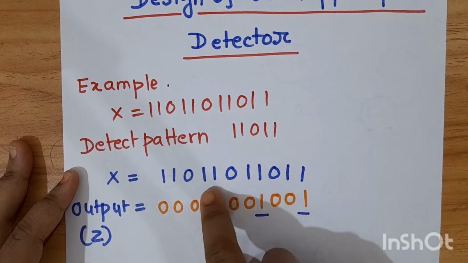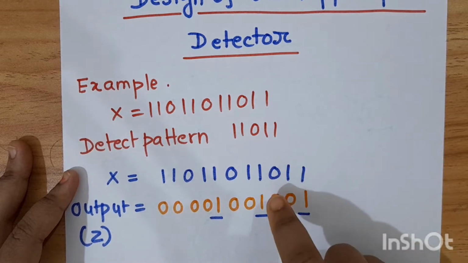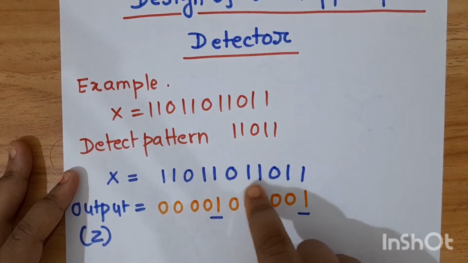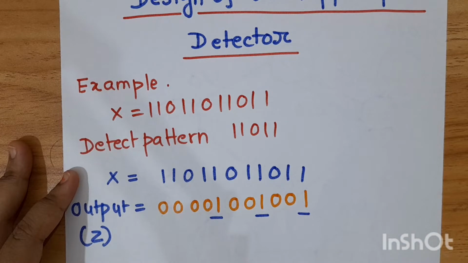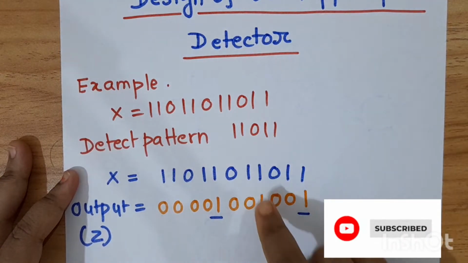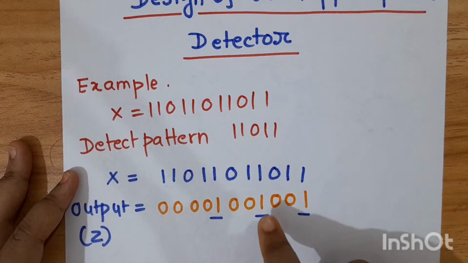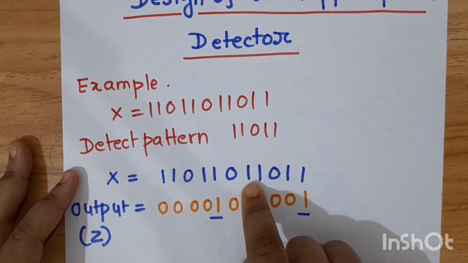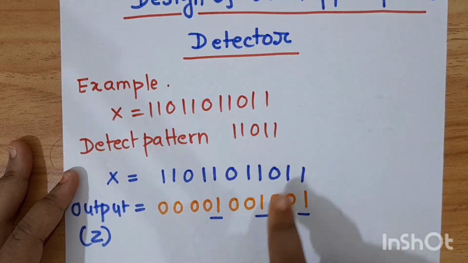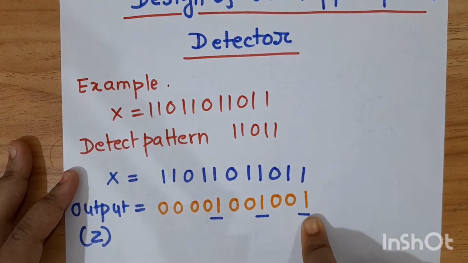So it has come. So 1 1 0 1. Then the last bit in the detect pattern is 1. That also has come. So 1 1 0 1 1. This 5th bit has come. So for this particular bit, once it has come, the 1 1 0 1 1 pattern is completed. So output is 1. Again, this last 2 bits become the beginning of the detect pattern. 1 1 0 1 1, when the stream comes and the sequence detector detects the pattern, 1 output comes.